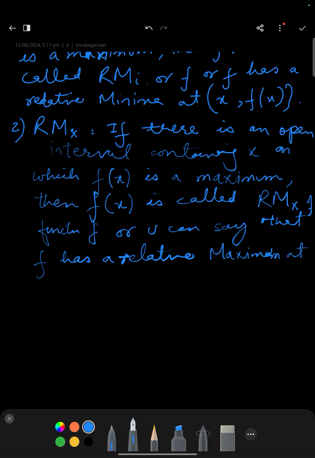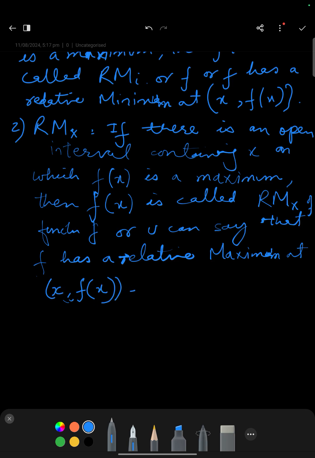We could use maximum here, and there we will use minimum. I will tell you why I am doing so.